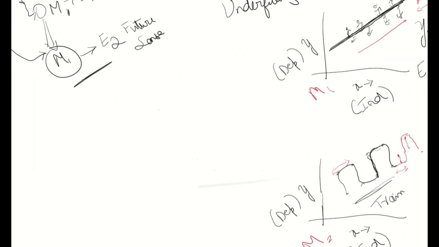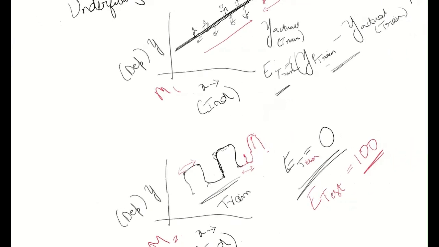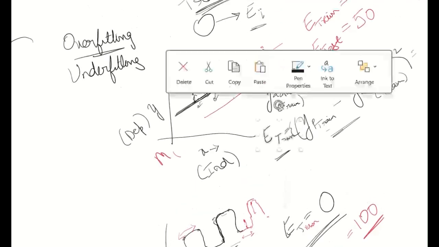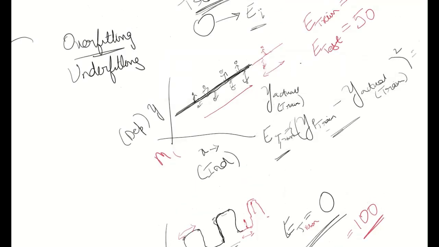Now, taking the same examples, the line that the model has come up with, these lines are seeing every data point that is there in very close proximity. But if we look at the model that we have generalized for, or M1, it is somewhat close to the data points, but not really on the data points itself.